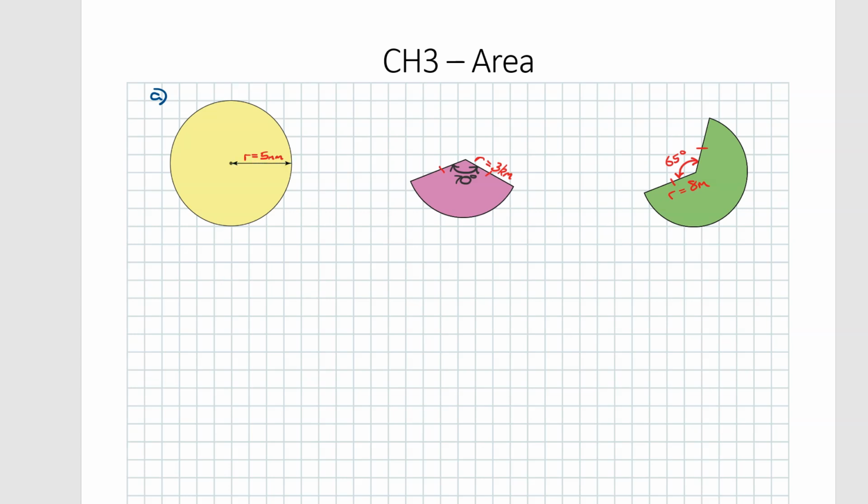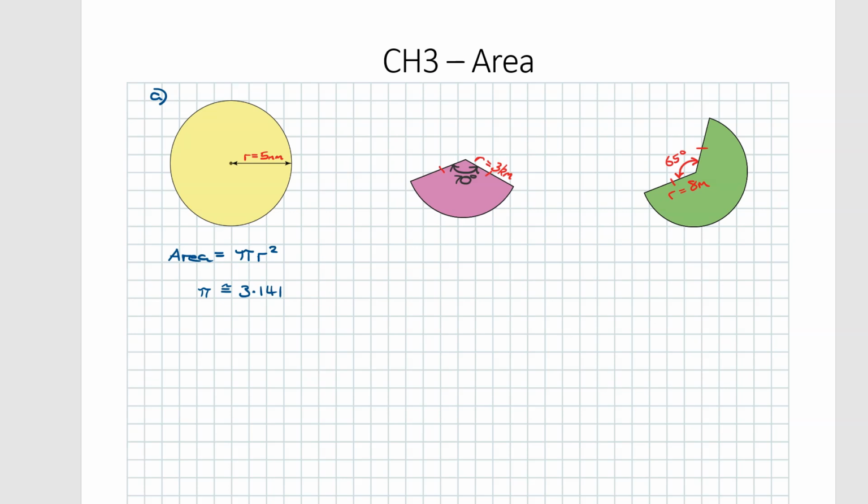Now, if we recall back to year 8, we might remember that the area of the circle is defined as pi r squared, where r refers to the radius and pi is a special mathematical constant that equals roughly 3.141.